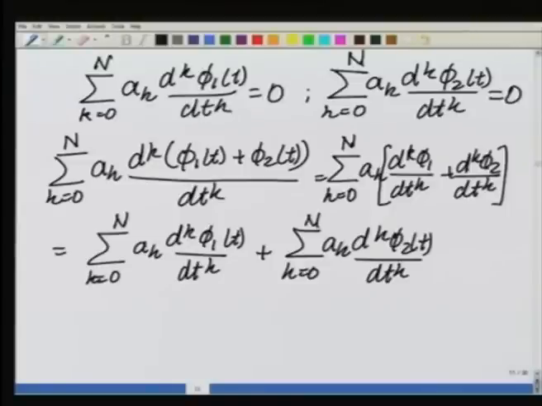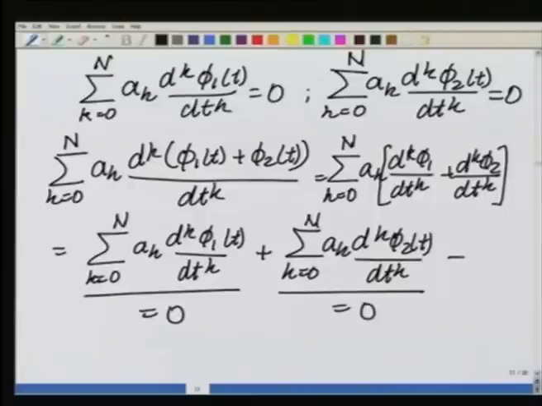In short, each of these two summations is individually 0. This is individually 0 and this is individually 0. So, the entire expression is 0. This proves that if phi 1 and phi 2 are taken out of the set of homogeneous solutions, then phi 1 plus phi 2 is also a member of the class of homogeneous solutions for the homogeneous equation.